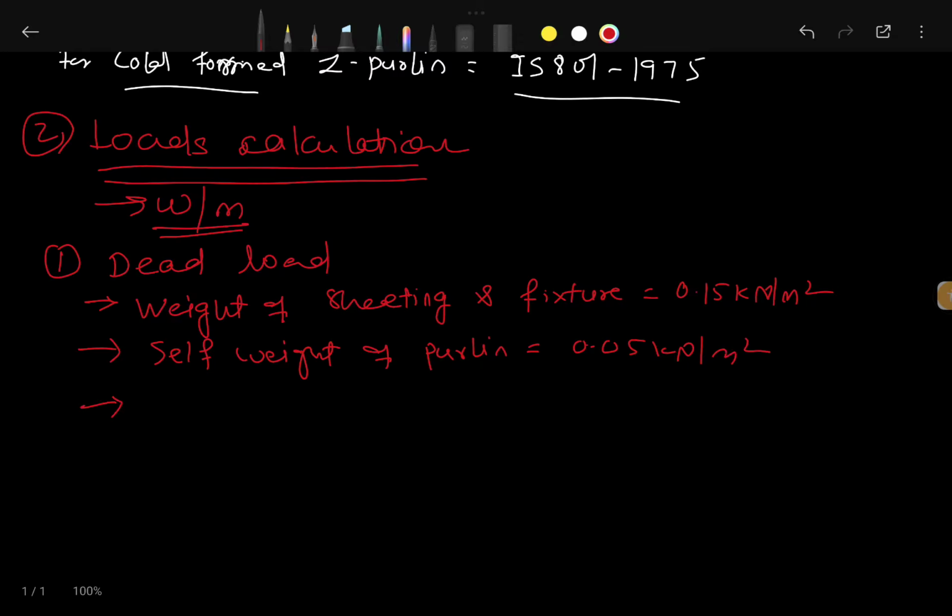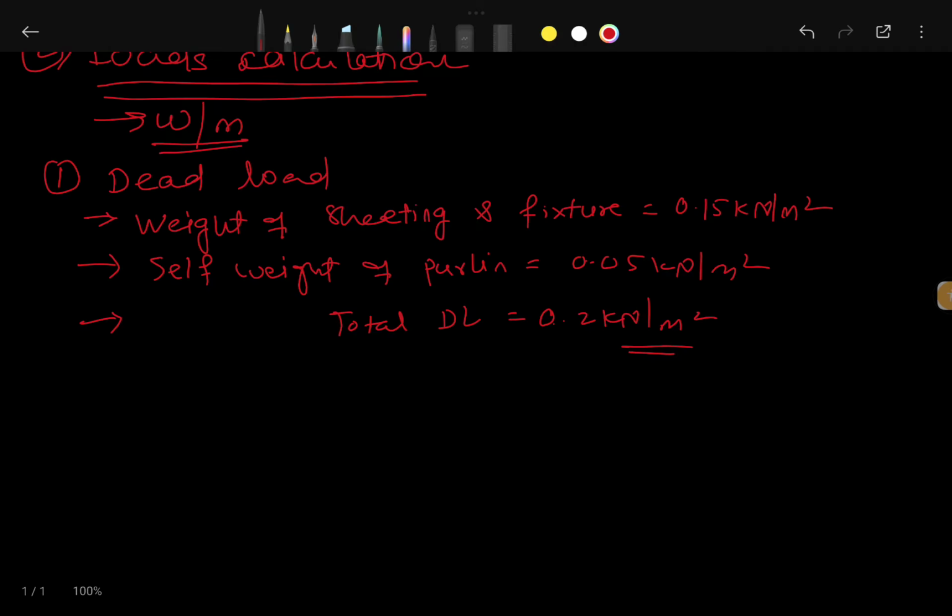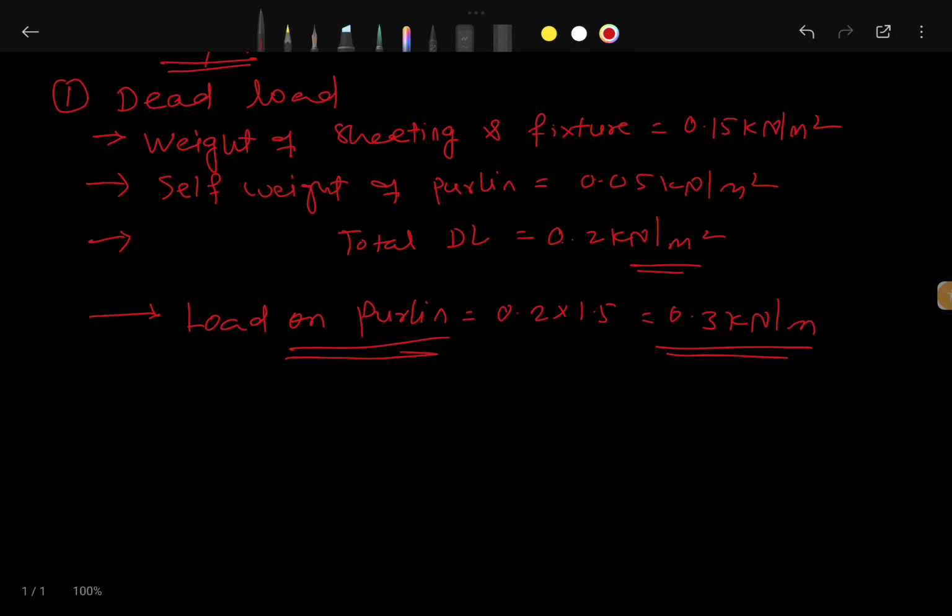Total dead load: if we add both of these, we get the value 0.2 kilonewton per meter square. Now we convert kilonewton per meter square into kilonewton per meter. Load on purlin is equal to 0.2 into 1.5. Here 0.3 kilonewton per meter load will come on the purlin.